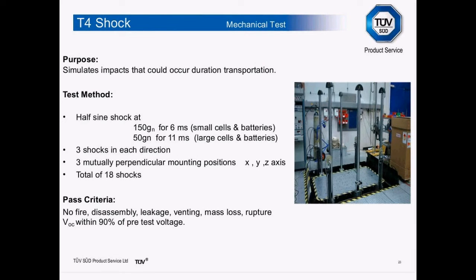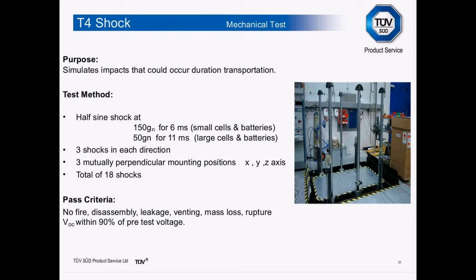The T4 test is the shock test. Basically, this simulates the impacts that could occur during the transportation of the cell or the battery. Basically, this is a half-sine shock at 150 g for 6 milliseconds for small cells and batteries.